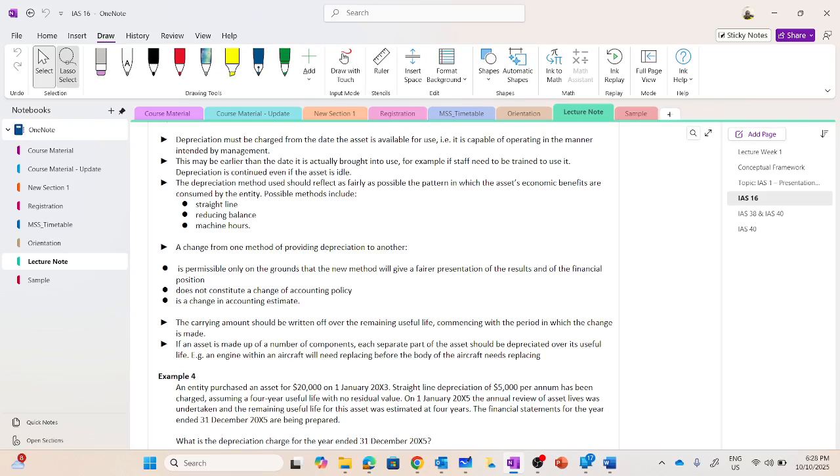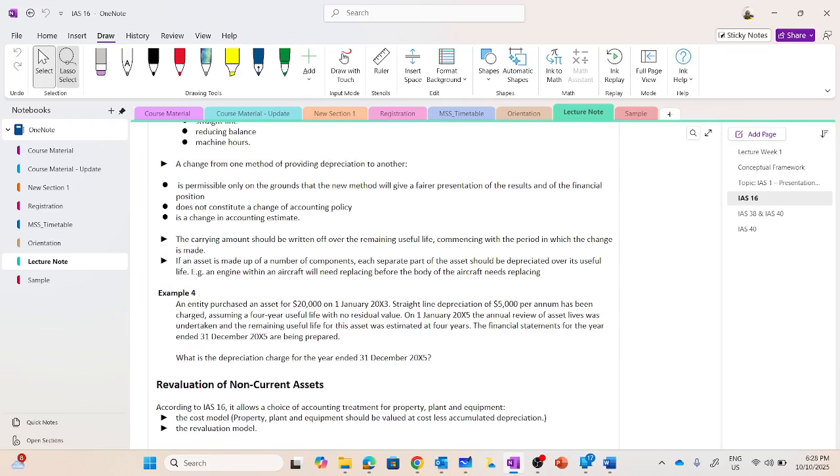Fine. The carrying amount should be written off over the remaining useful life, commencing with the period in which the change is made. If an asset is made up of a number of components, each separate part of the asset should be depreciated over its useful life.